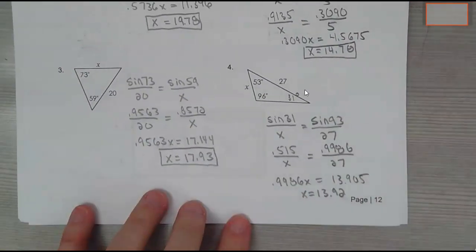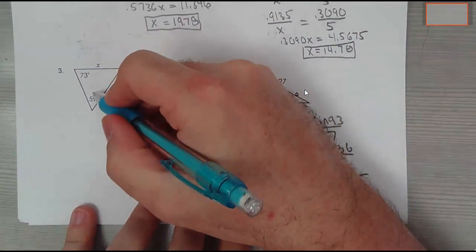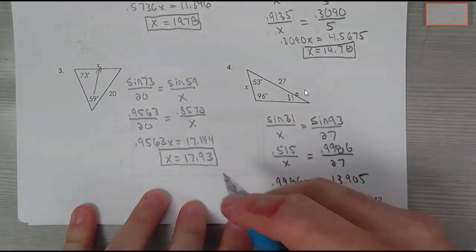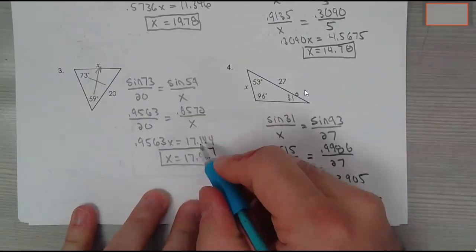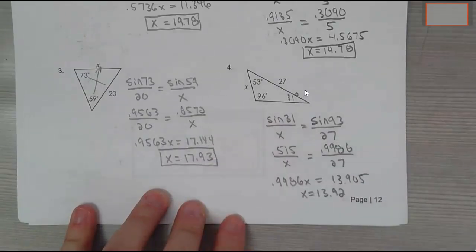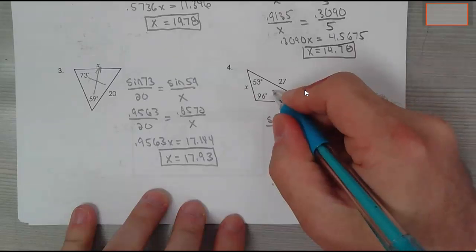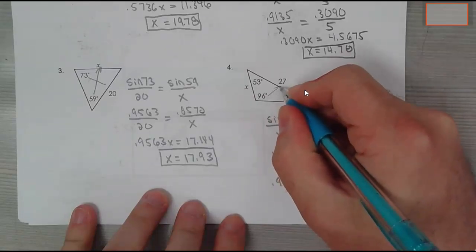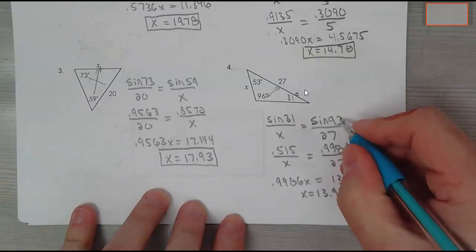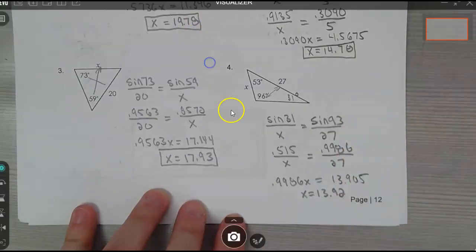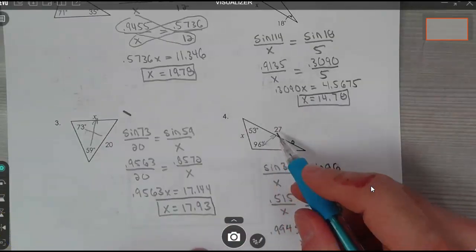Okay? So when I look at number 3, we have 59 and x paired up together, 73 and 20 paired up together. When I find that, I got 17.93. Now this next one, I do have a side and an angle that are across from each other, so that's why I set up the sine of 96 and 27 that are across from each other.